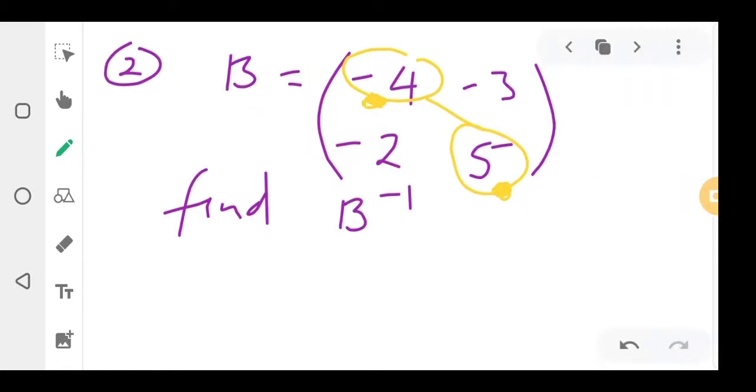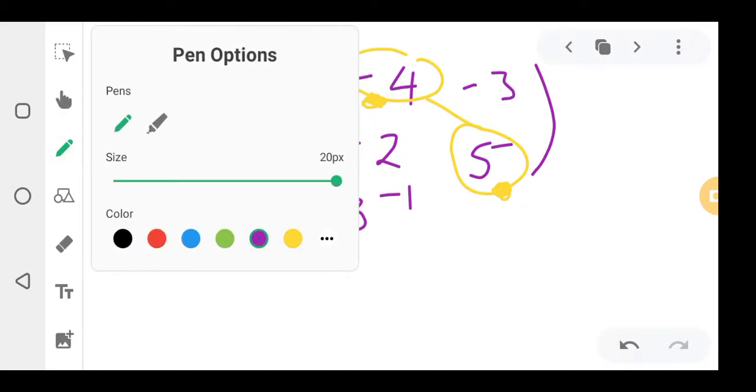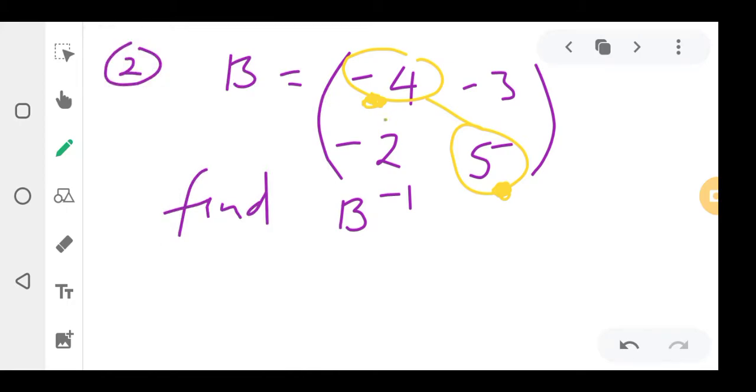Then the next step is this one and that one: they reverse their signs. This one is -2. What is the opposite of -2? +2.